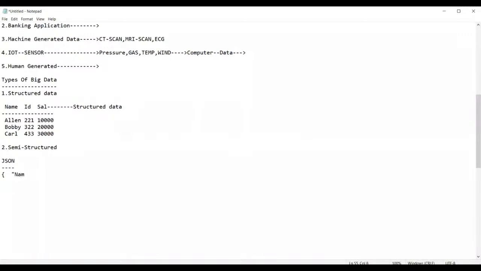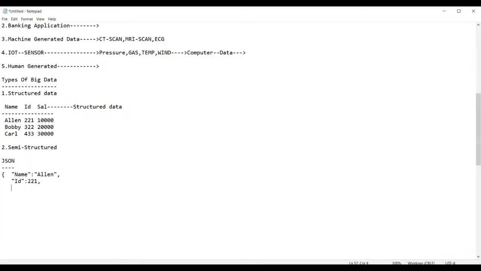Name under the double quotes, and use the colon, ALN. Now, guys, use a comma. After this, use it again: ID. Then, as it's numeric data, you can place it normally.